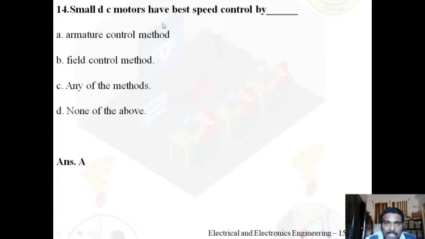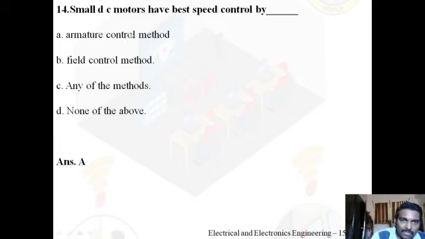Small DC motors have the best speed control by the armature control method that we have discussed, because the losses will be less and the load current will be less.